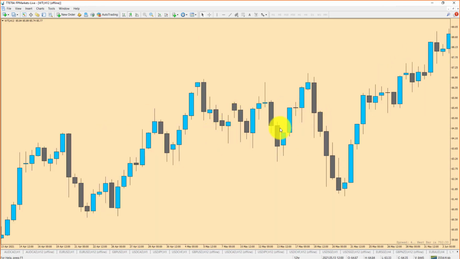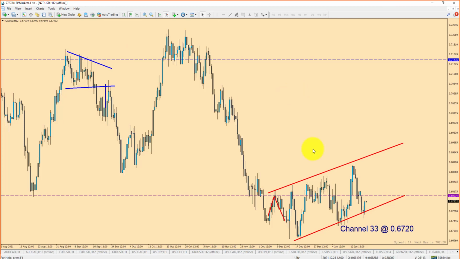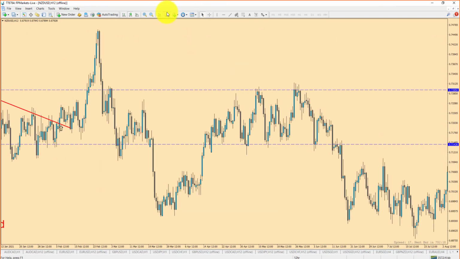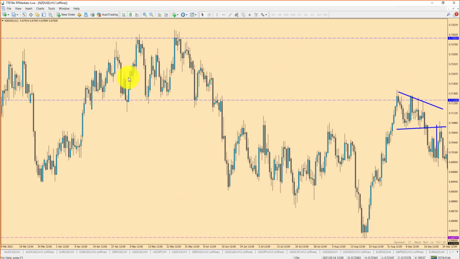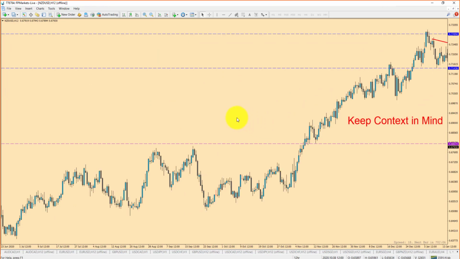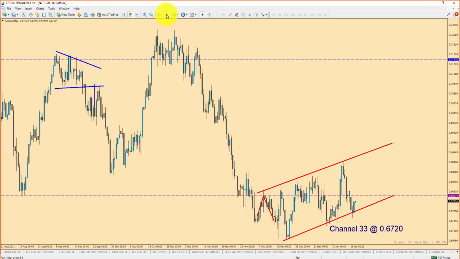Let's talk about reversals. With reversals, let's just pick a random chart here like the kiwi. The idea with reversals is that I'm going to look for a nice bounce off of a support or resistance level. So the most important thing is that where the reversal occurs is a support and resistance level.